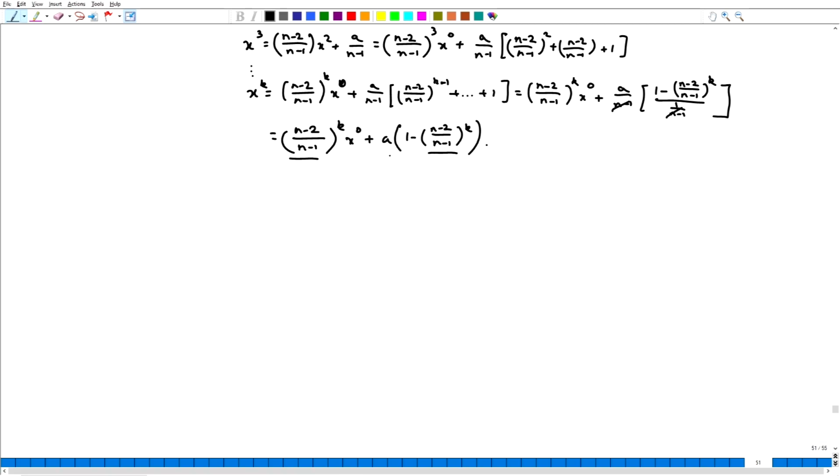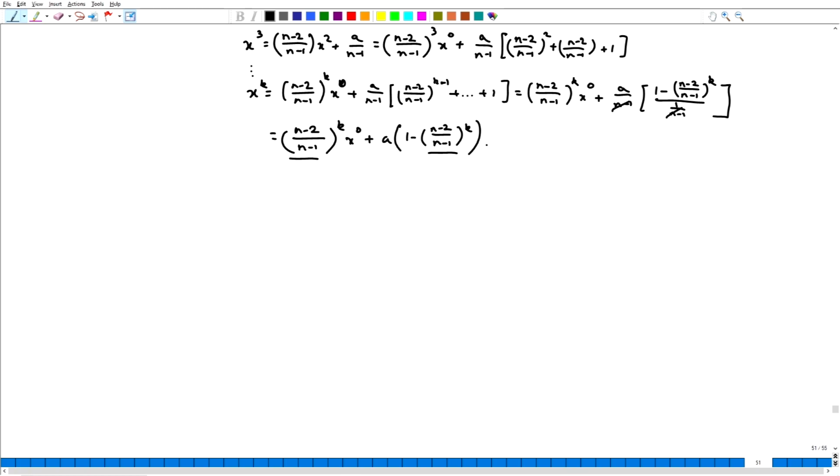The problem is the convergence to a. In the first step it is a into (1 minus (n-2)/(n-1)). In the next step it is a into (1 minus (n-2)/(n-1)) the whole squared. In the third step it is a into (1 minus (n-2)/(n-1)) the whole cube, and so on, right.